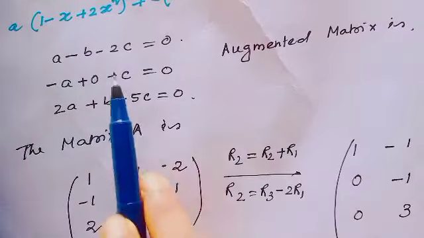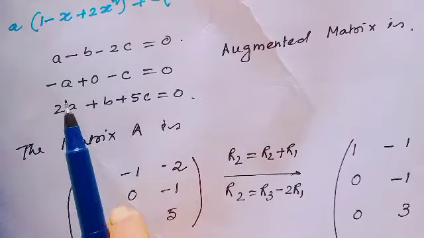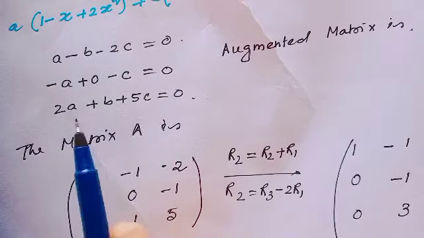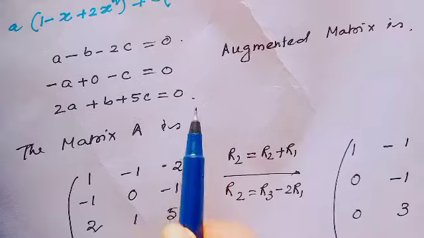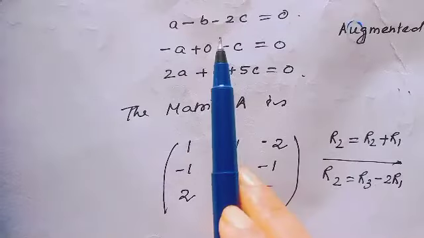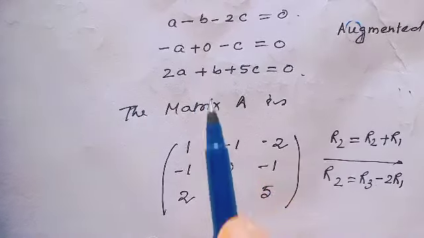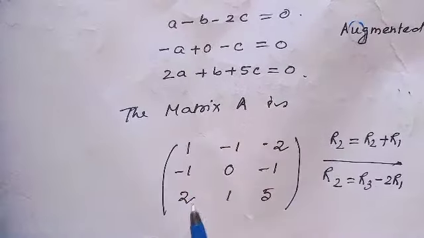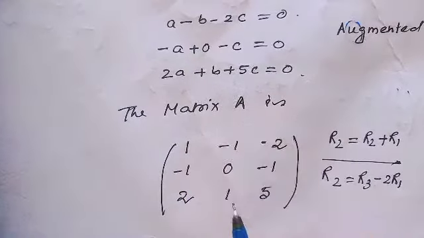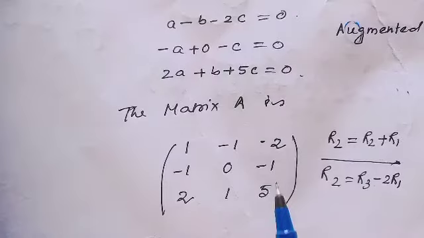That implies a - b - 2c equal to 0, -a - c equal to 0, 2a + b + 5c equal to 0. These three equations represent one matrix: 1 -1 2, -1 0 1, -2 -1 5.